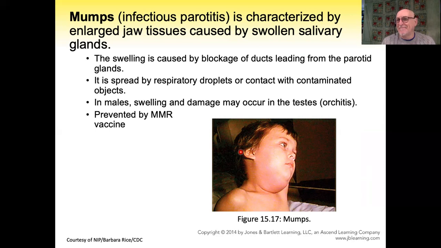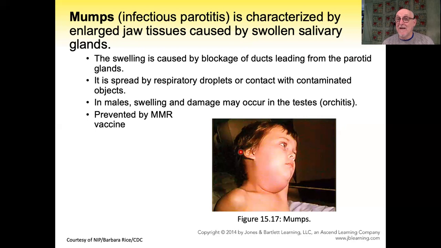It tends to be fairly well tolerated and usually pretty well overcome in children. I say in children because in adults, it can be extremely serious. And this is one good reason for getting the vaccine.